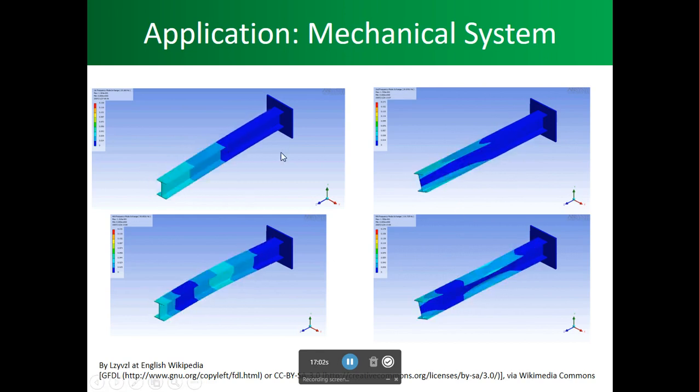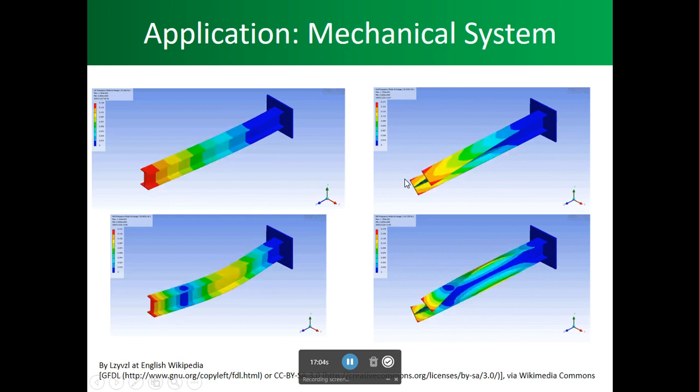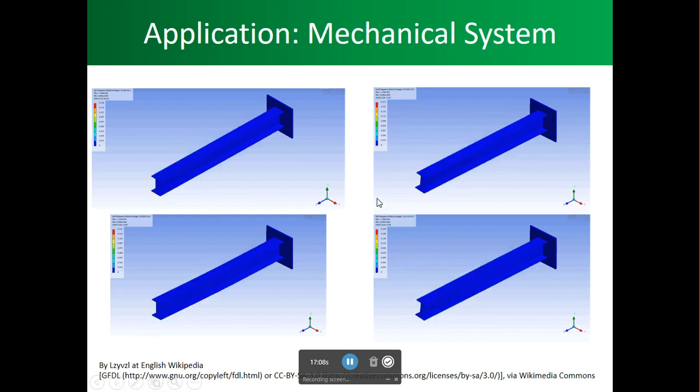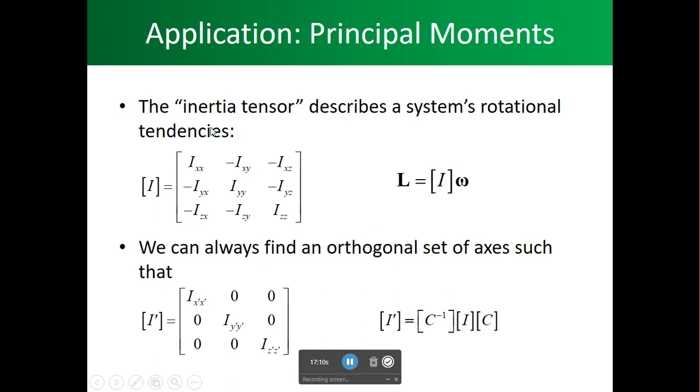And that's what we've been doing. There's another equation we're going to look at, called the inertia tensor, which describes the system's rotational tendencies. We just looked at the tendencies of how they will rotate.